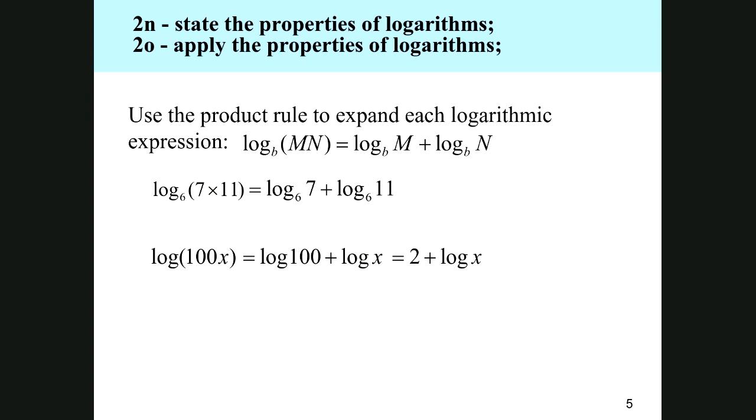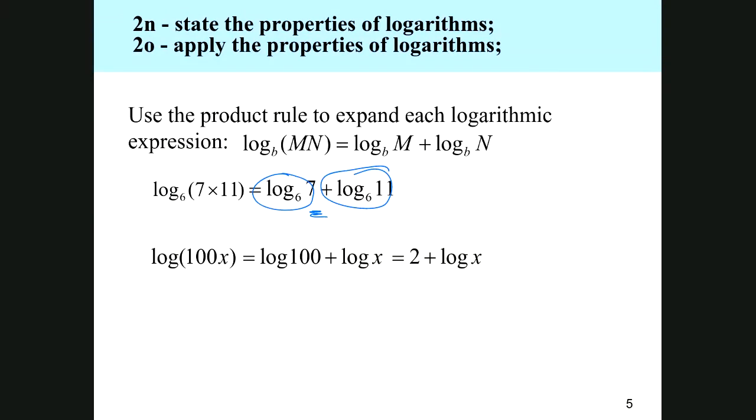If it was advantageous for me to split these up, I could. I could take the log base 6 of 7, and since they're being multiplied, I use addition with the log base 6 of 11. And that's all I can do. I can't simplify log base 6 of 7 anymore, nor can I simplify log base 6 of 11.